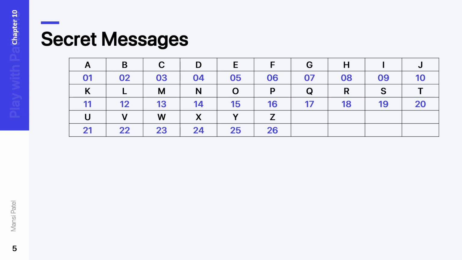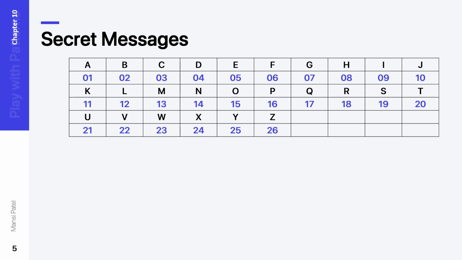We use two digits, so we write 01 for A, 02 for B, 03 for C. In this way we are giving coding. This is known as code.